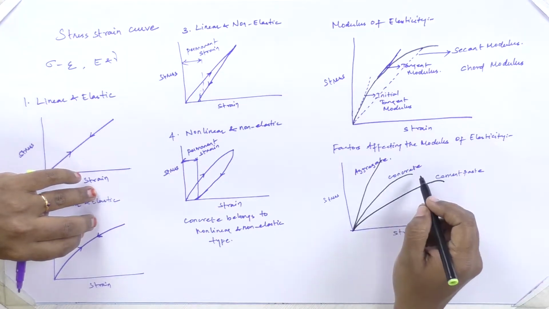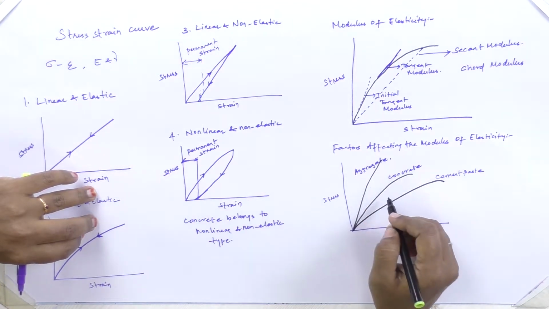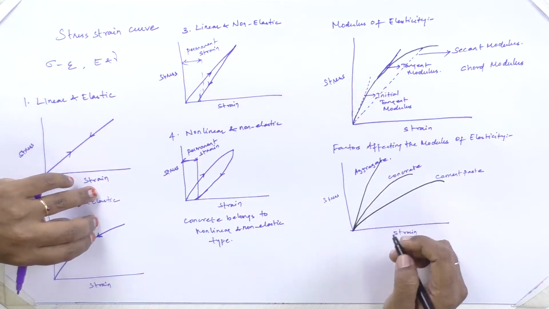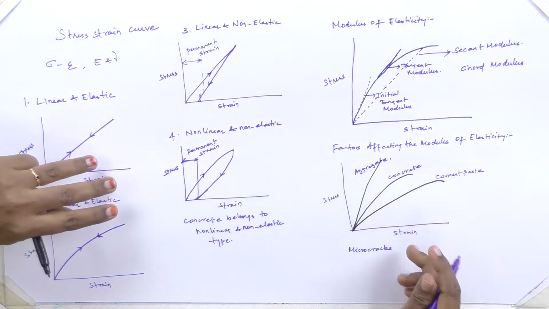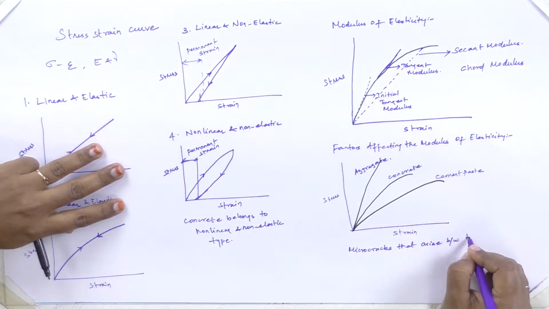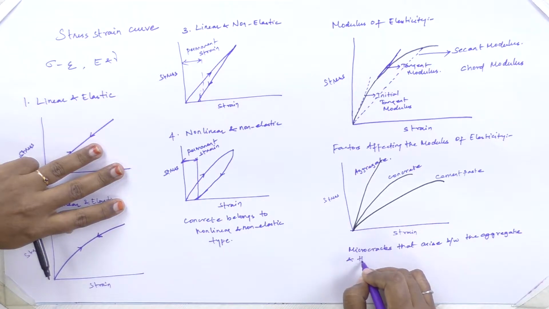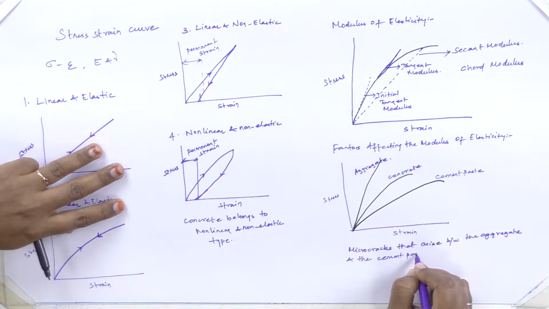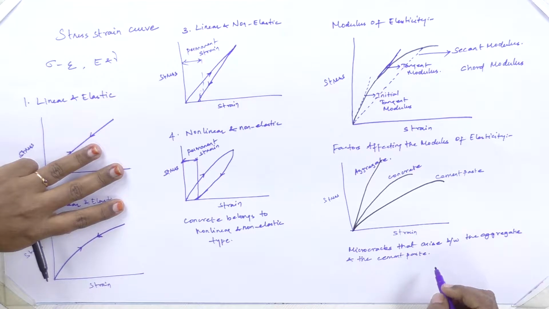The reason why the concrete exhibits a stress strain value lesser than that of the aggregate is because of the micro cracks that arise between the aggregate and the cement paste, which we discussed in the last lecture, that is the interfacial transition zone, ITZ porosity.